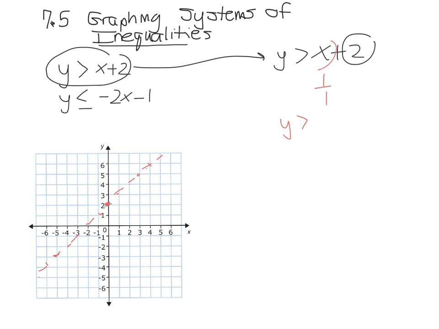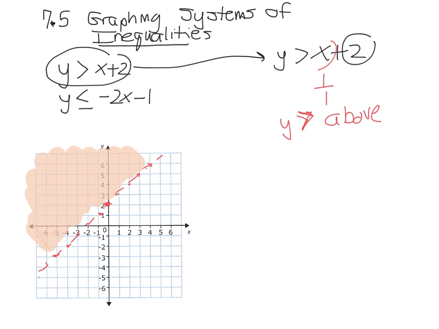Then I have to remember about shading. Y is greater than means I shade above the line. So you're going to take your pencil and very lightly shade above this line, just lightly all the way across. And then we'll go on to our next equation.